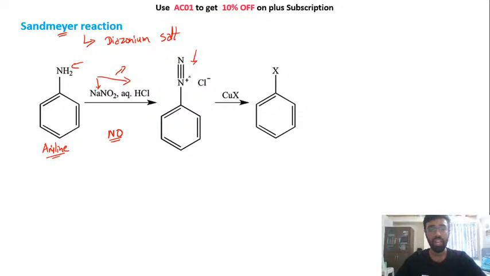And once you have created this diazonium salt, ठीक है, the nature of your diazonium salt is that this N2 can leave by taking the electron. ठीक है, that is why we keep the temperature very low. Sir, is anything possible? Okay.